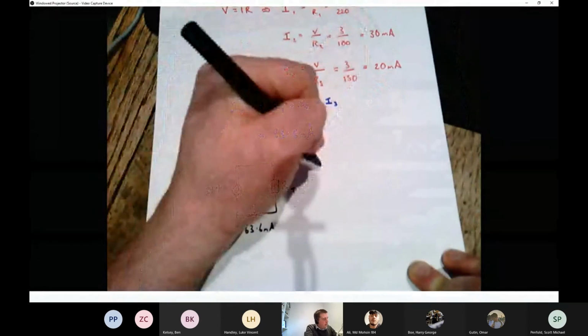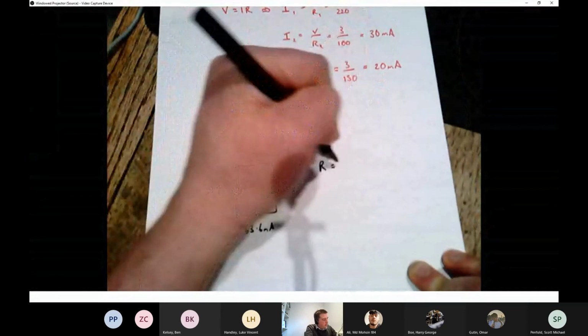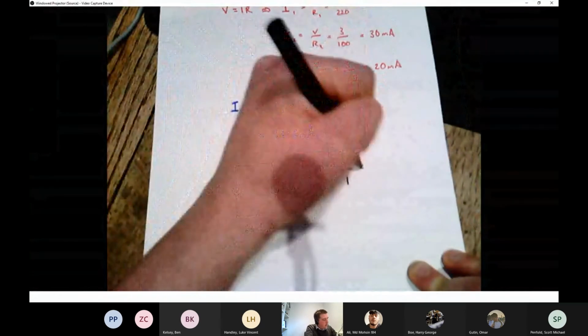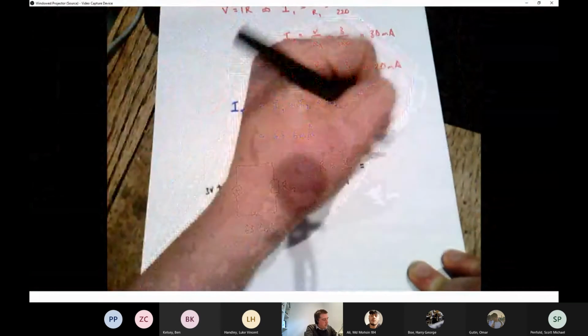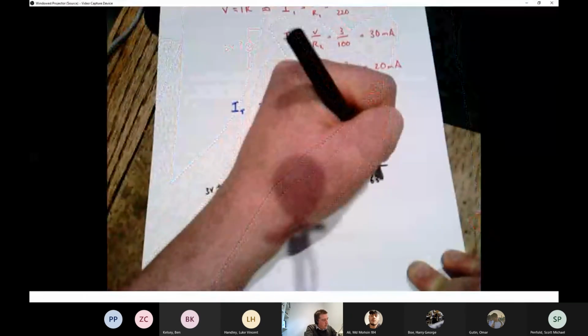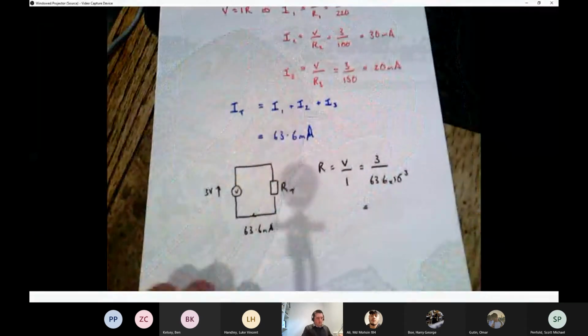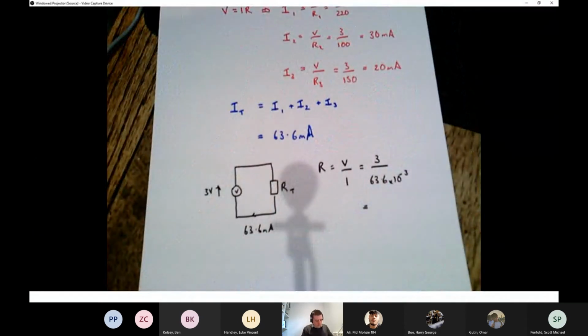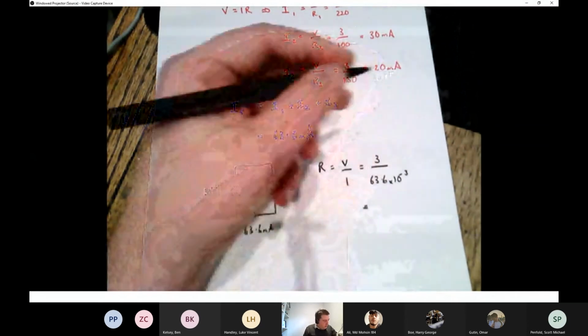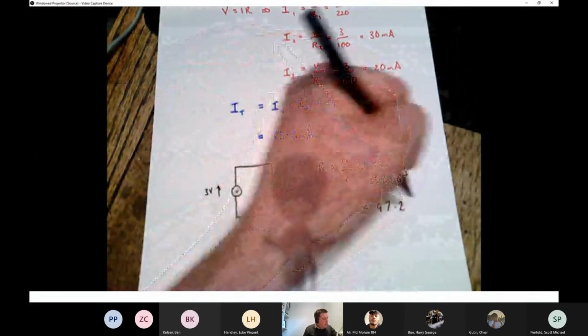Well, in that case, R equals V over I, which equals 3 over 63.6 times 10 to the minus 3, which is 47.2 ohms.